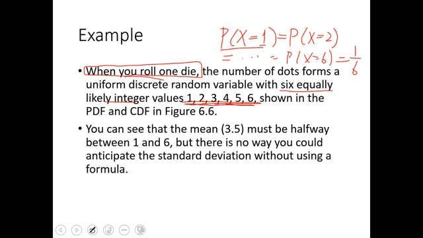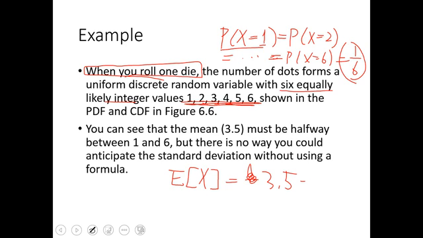So when all possible outcomes have the same probability, we say that it is a uniform distribution. The mean of x when you roll one die is 3.5.